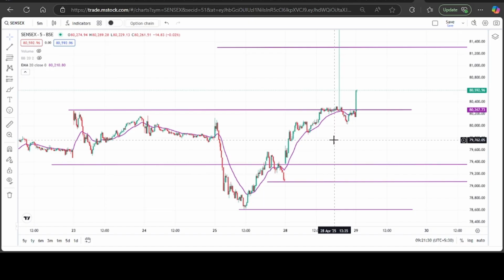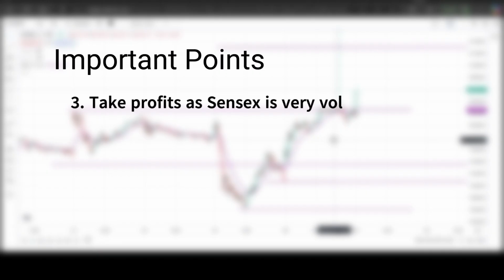So it's recommended that you take your profits and get out. In case you want to get in again, you can try getting in between 3 and 3:30. Make sure that you don't leave your trades open on the day. You have to square off everything and also cancel all the orders that did not get executed. These are a few very important points that I make sure of during the expiry date. And yeah, that's it. Let's continue trading.